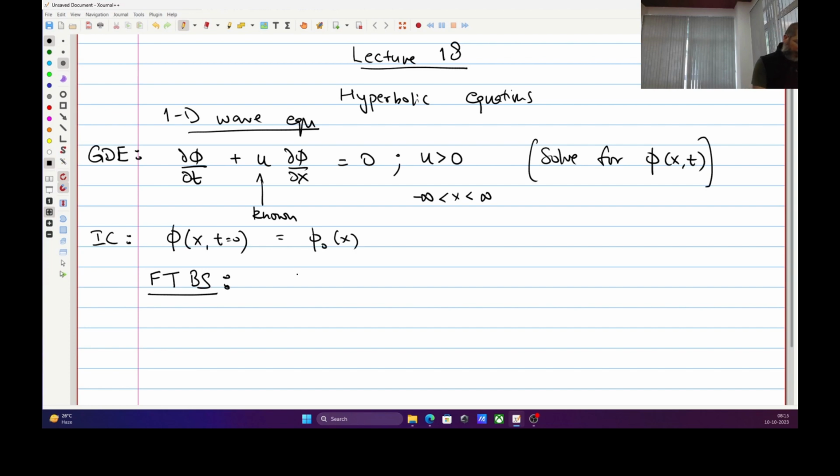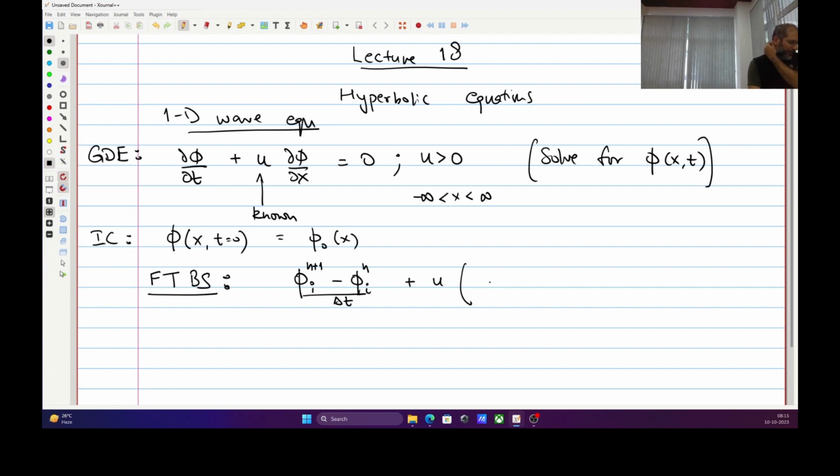So what does this become? If it's forward time, then we have phi n plus 1 minus phi n upon delta t for the point i, and then we have plus u times the x derivative.